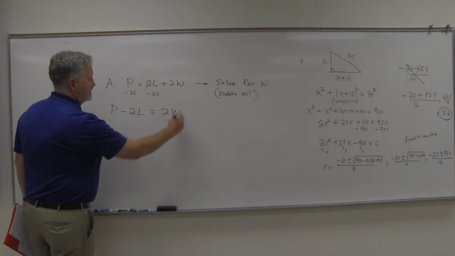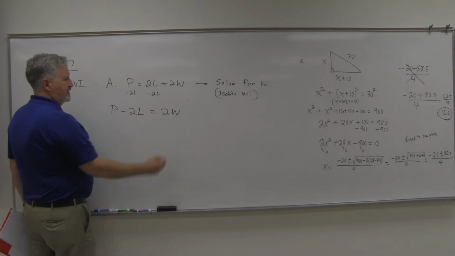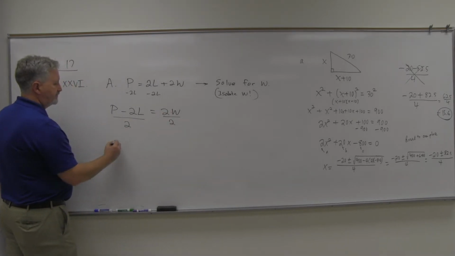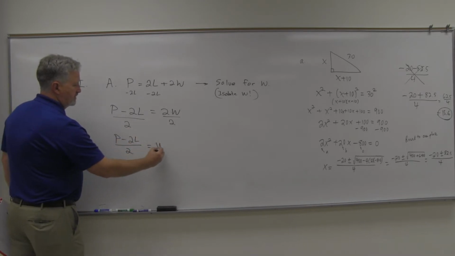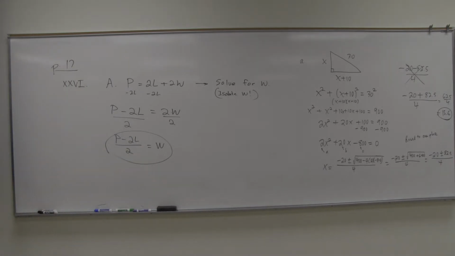But that does get me 2W by itself, and then 2 is times the W, and so to get rid of the 2, you divide. And so P minus 2L over 2 equals W. All right, so that's the idea. Isolate the variable it wants you to solve for.